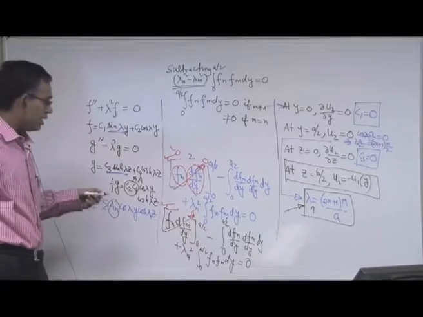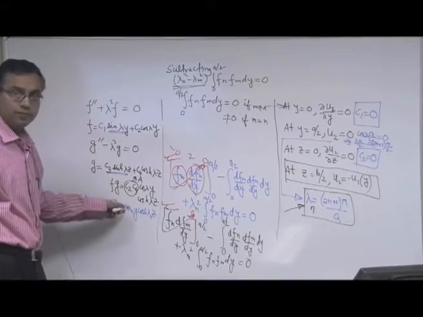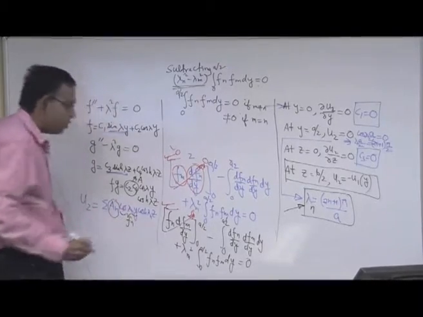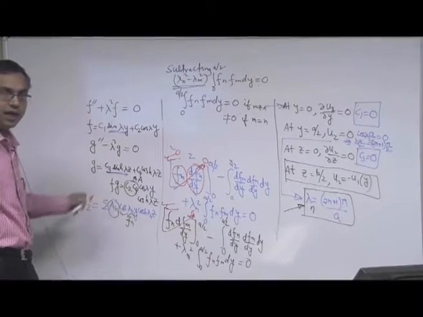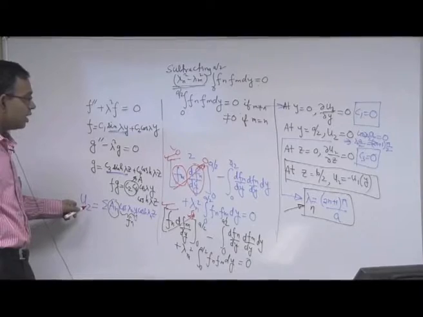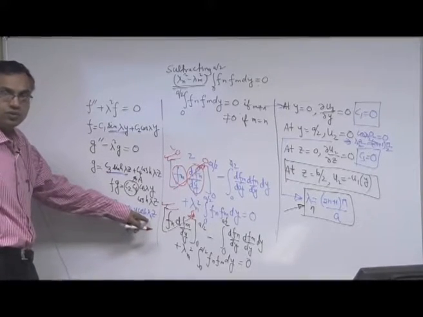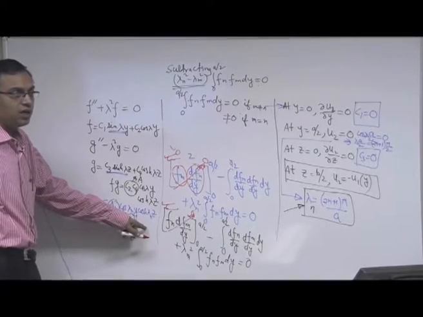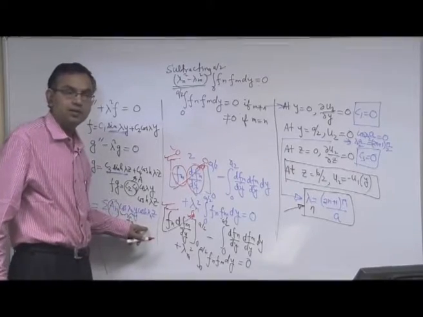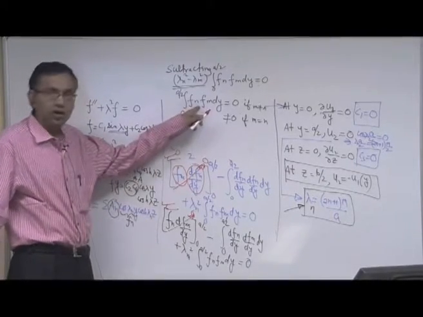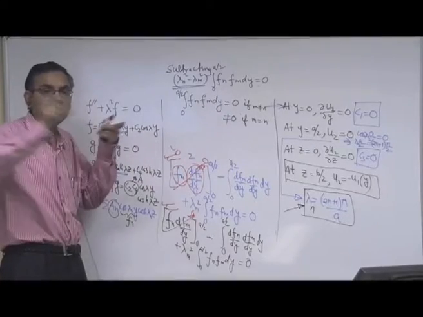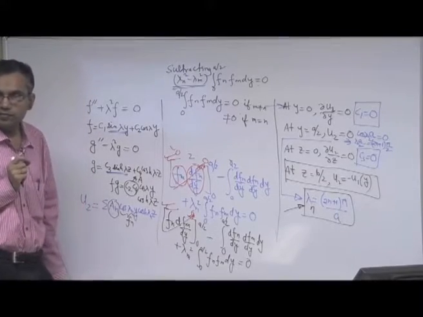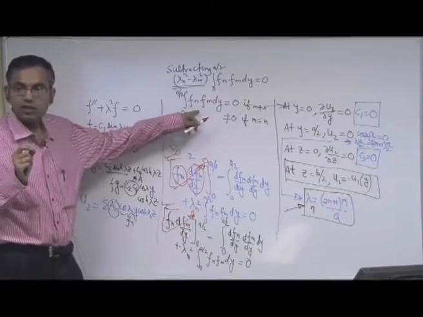But if you now multiply this with fm, where this is fn, and integrate both sides at z equal to b by 2, then out of all the terms in the integral, only the case of m equal to n will remain, and other terms will be 0. So, instead of a summation you will get just a single term with a coefficient of an. That is why we require this orthogonality condition.